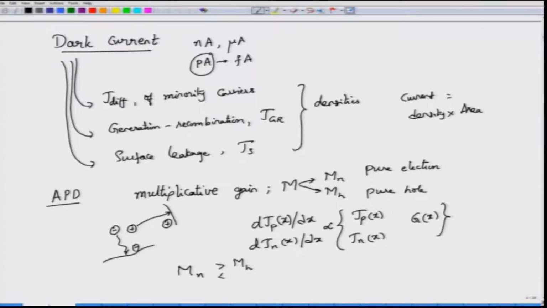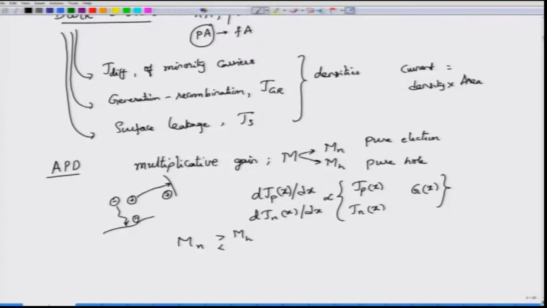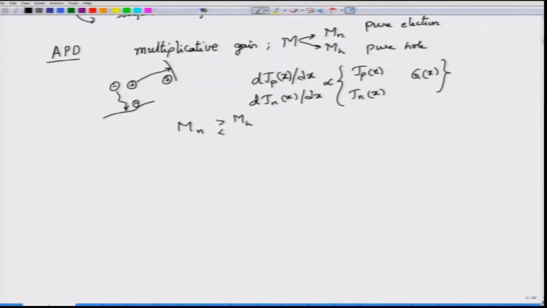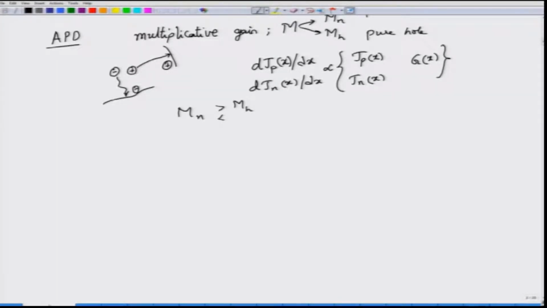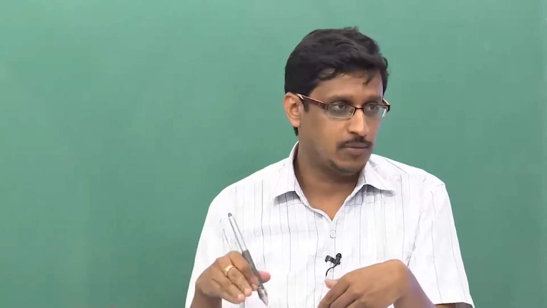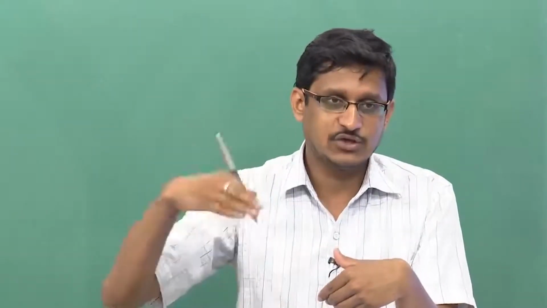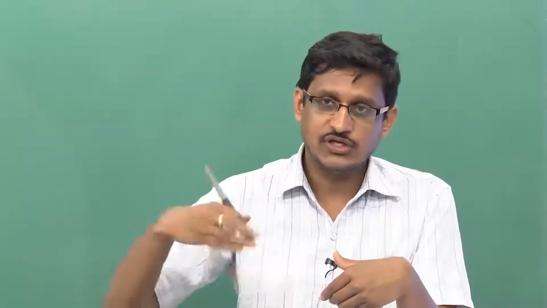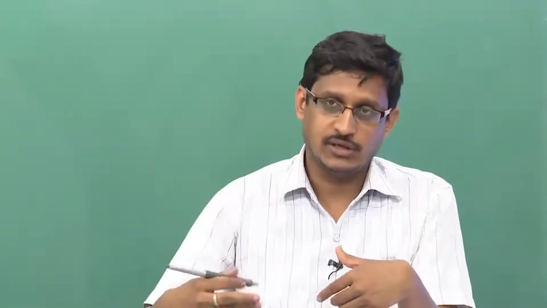Okay. These are a little advanced for the course to discuss, so we are not going to look at that one. But associated with this Mn and Mh there is a photocurrent. If you look at the photocurrent, you will see that it is not really constant for a constant optical input. There is actually a fluctuation, and this fluctuation is because of the multiplication process that is fluctuating.